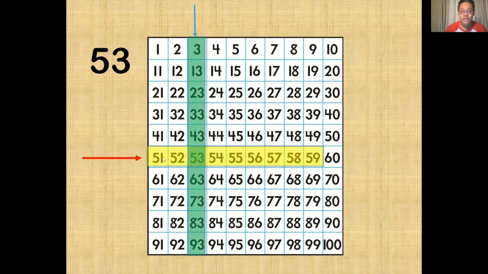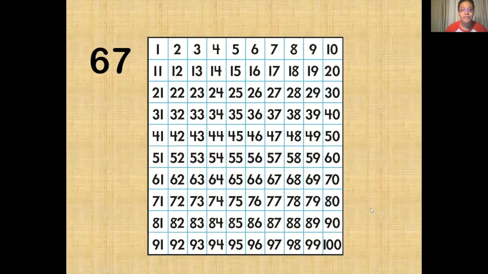So we have the 50s row and the 3 column. And now we have the number 53. Our job today is to look at the number after, or the number that's next. So after 53 comes, right, 54. So that's our number after. We had to find the number 53, then locate the number after. All right, let's keep going.